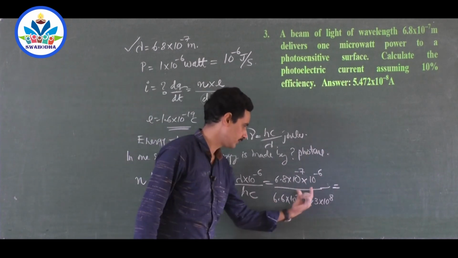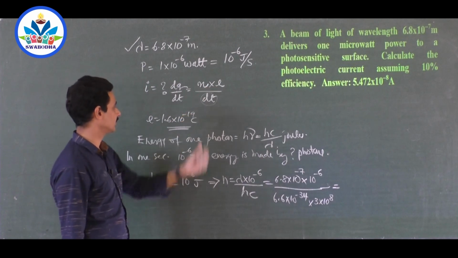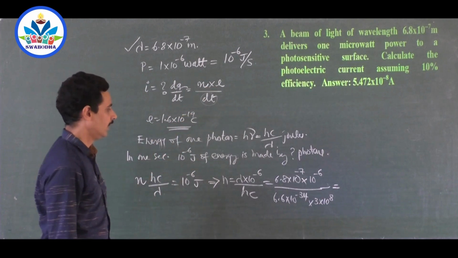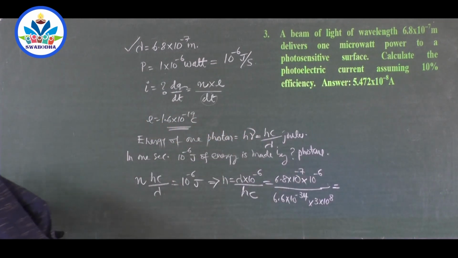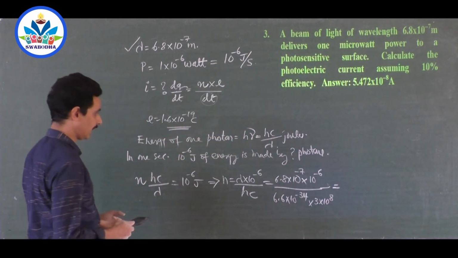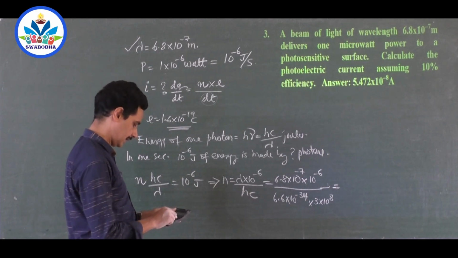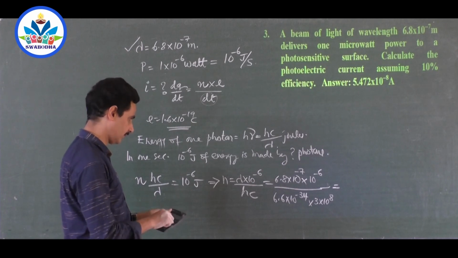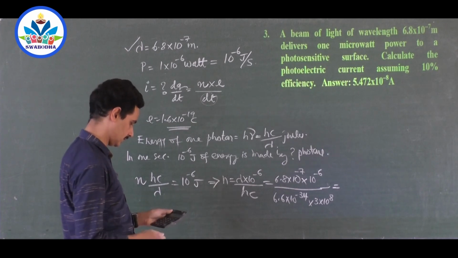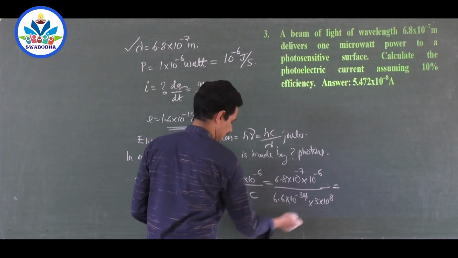Planck's constant, velocity of light, okay, charge of electron, 1.6 into 10 to the power minus 19 coulombs. Okay, what is this answer? So number of electrons. It should be huge in number, remember. Check it. How much? 6.8 divided by 6.6, answer. Then divided by 3, answer.